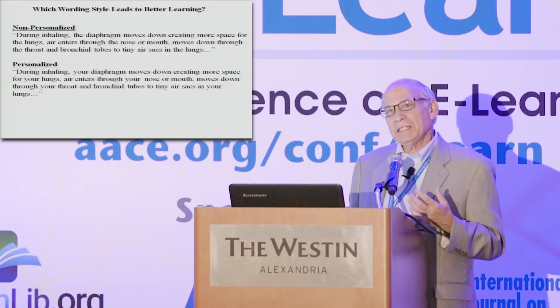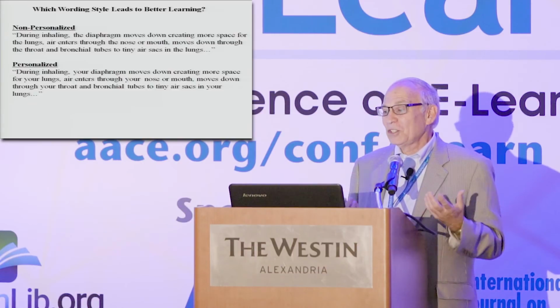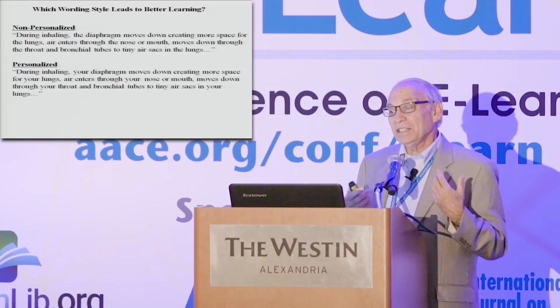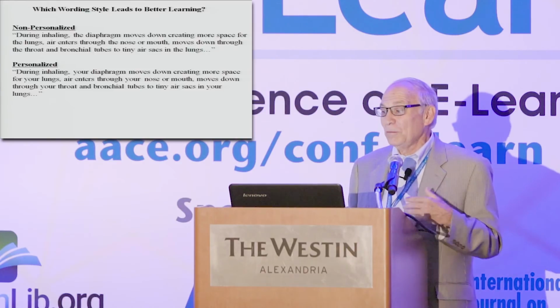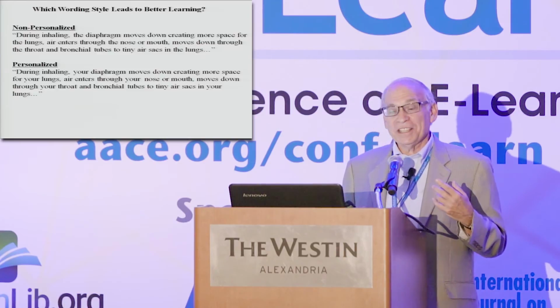So this comes from a lesson on the human respiratory system. The top part is the script for the non-personalized version. It says, during inhaling, the diaphragm moves down, creating more space for the lungs. Air enters through the nose and mouth, moves down through the throat and bronchial tubes to tiny air sacs in the lungs.